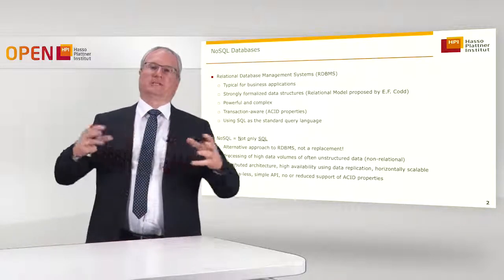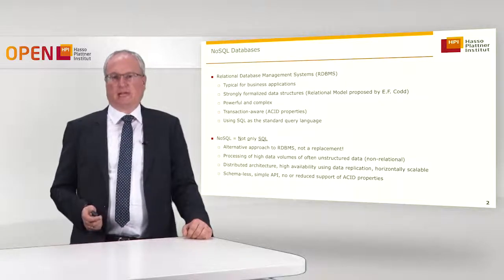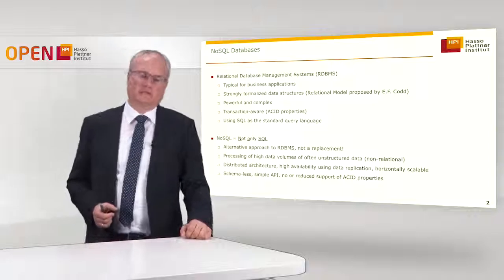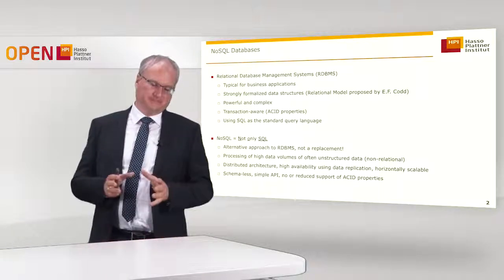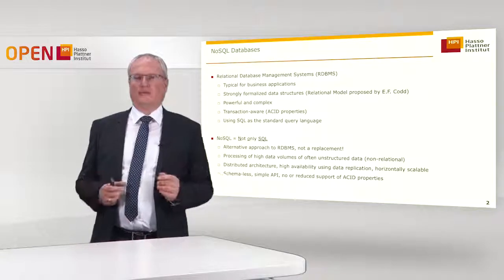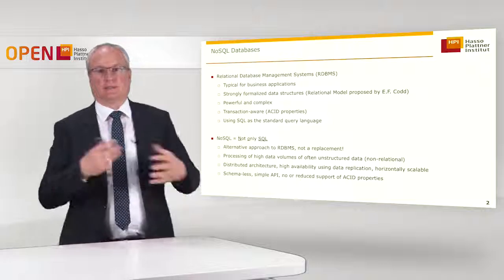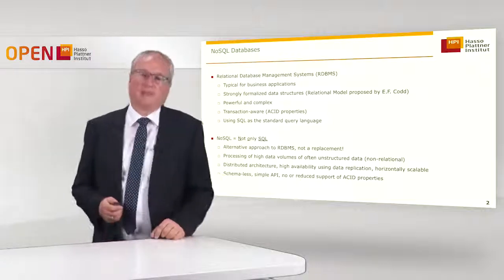So the processing is split up among separate nodes that are horizontally scalable. Scale out is the topic here. And these different nodes are connected to each other using a network and exchange data using the network.